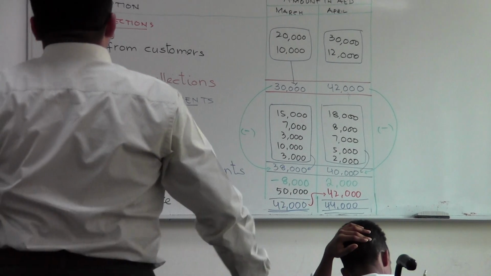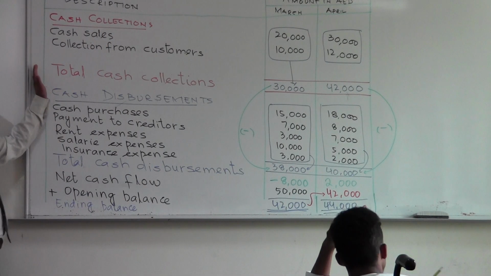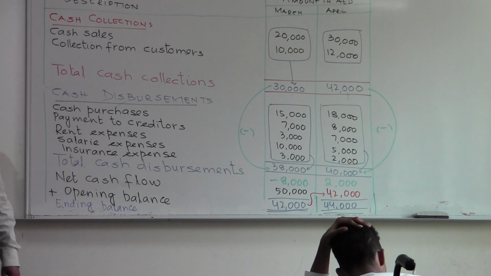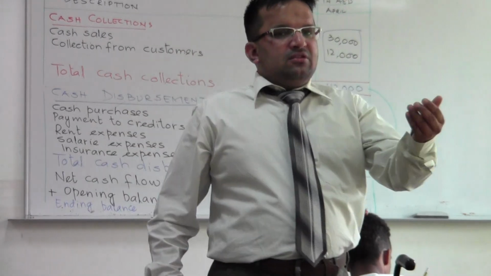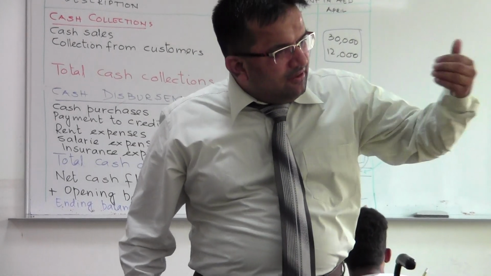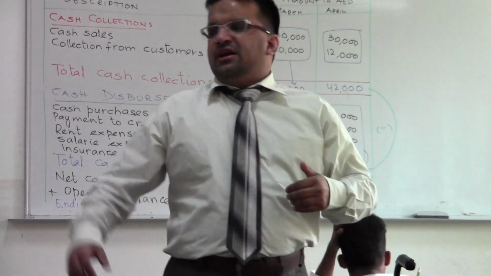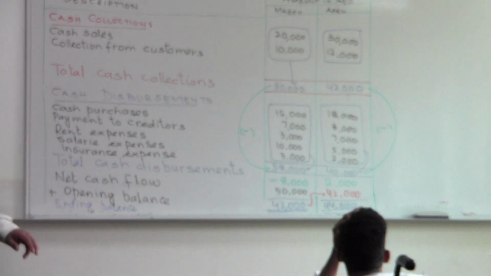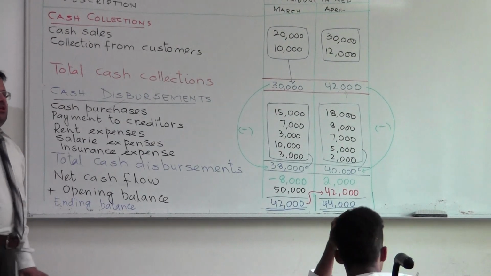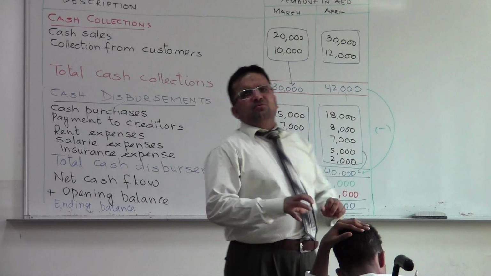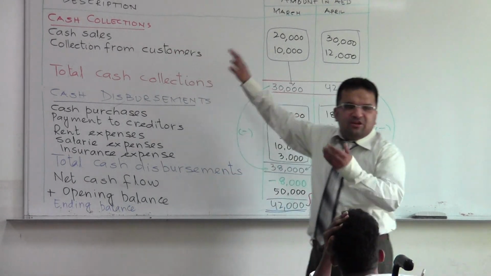For that we need two components. One is called collections and the other is called payments. Collection means the money which will come in the business. It is also called inflow, it is also called receipts, and payments means outflow. Now, what we will do, first we will place all our collections every month.